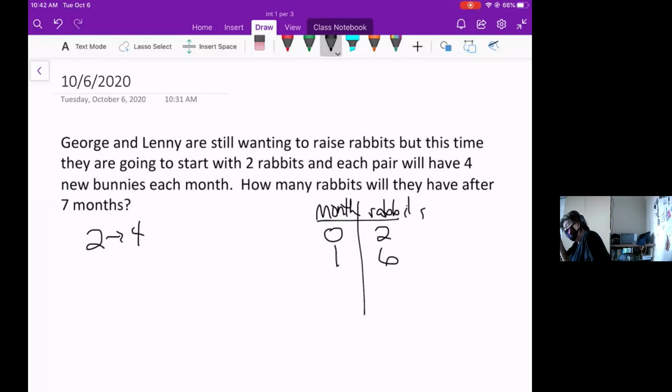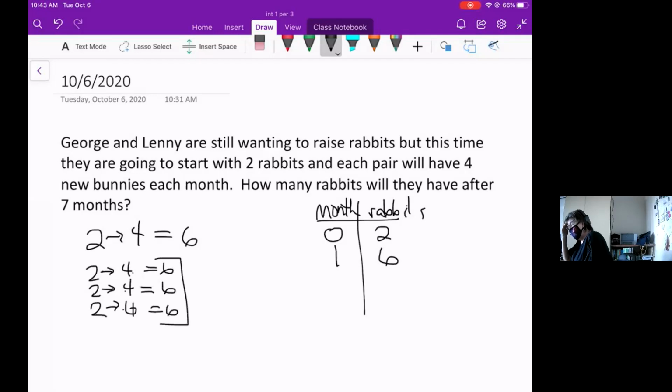Each pair is going to have how many more? 4 more. So this pair is going to have 4, this pair is going to have 4, and this pair is going to have 4. So that's 6, 6, and 6.